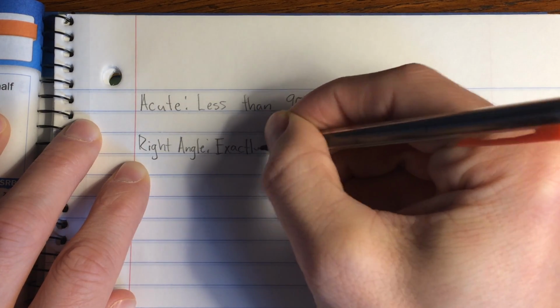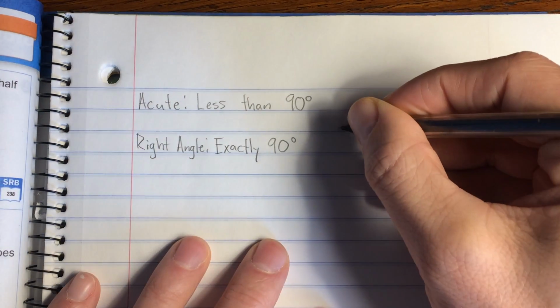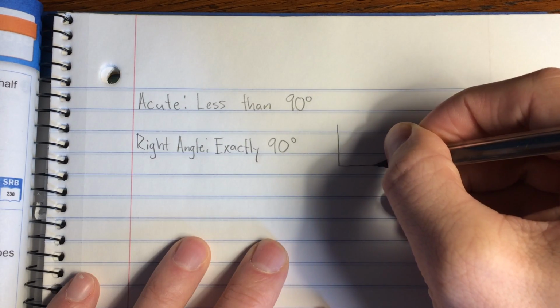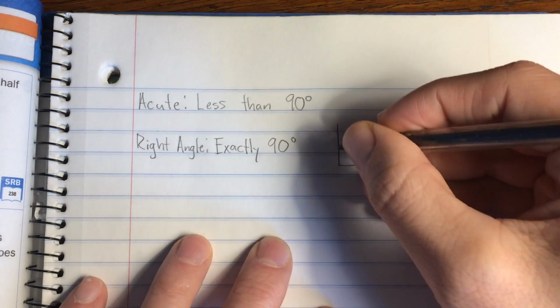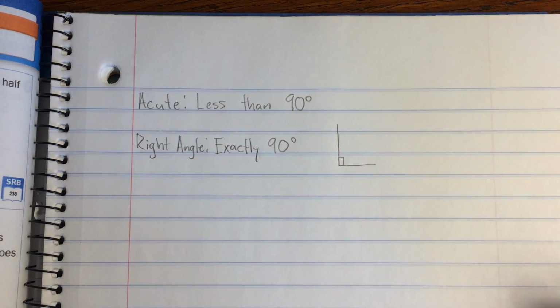And if you need a refresher for what exactly 90 degrees looks like, it looks like a letter L, capital L, and sometimes they will tell you it's 90 degrees by putting in a little square on the inside. That's basically their way of saying, yes, this is a perfect 90 degrees.